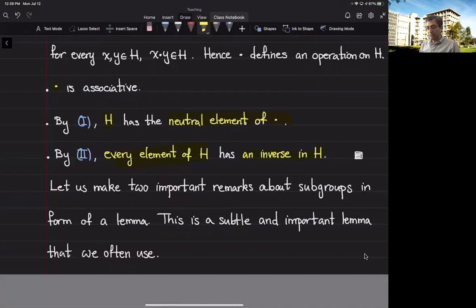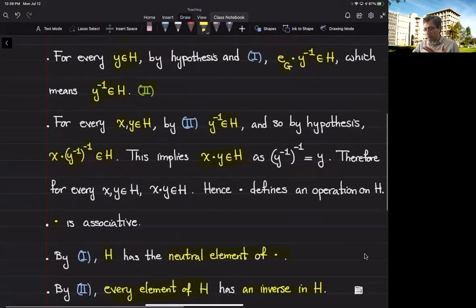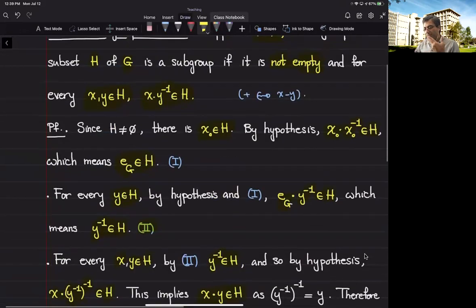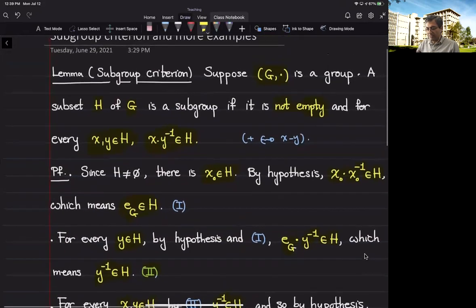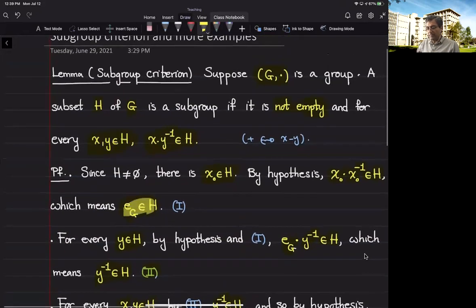Now, let us make two important remarks about subgroups in general. So here in this proof, we've seen that if I satisfy this condition, then the neutral element is inside H. Next, we are going to show that this property is also true for every group. In fact, what we are going to show is a kind of converse of the subgroup criterion.